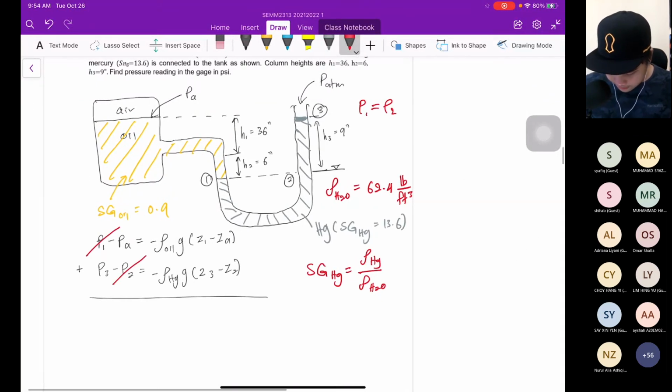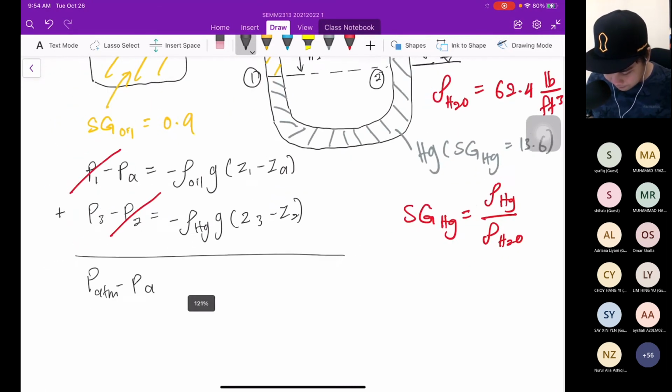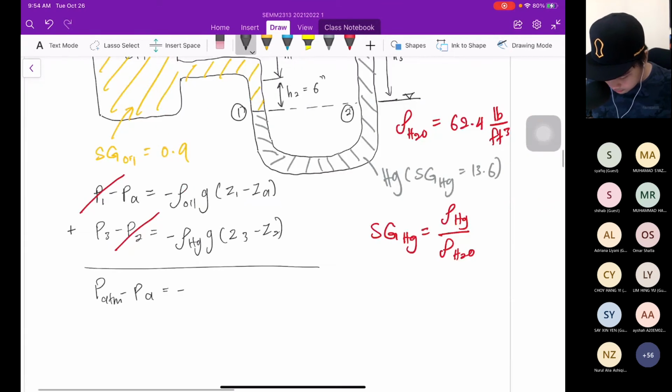So what do we have? P3 minus PA. Alright. If you know that P3 is atmospheric pressure, you can replace P3 with ATM. Equal to negative g bracket density of oil.